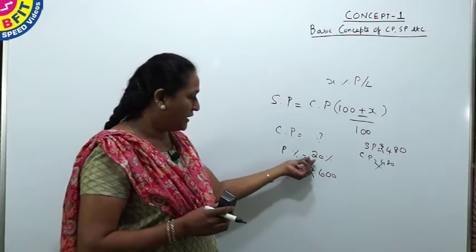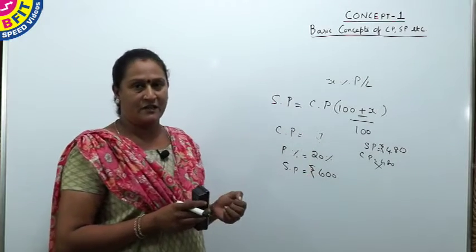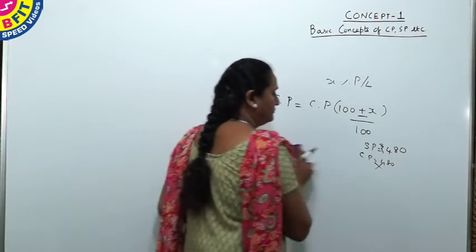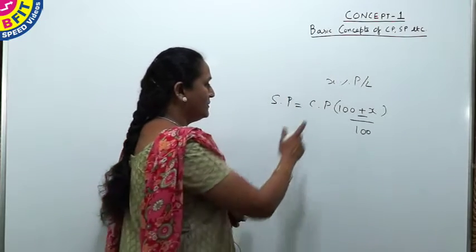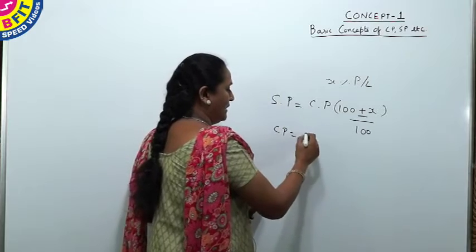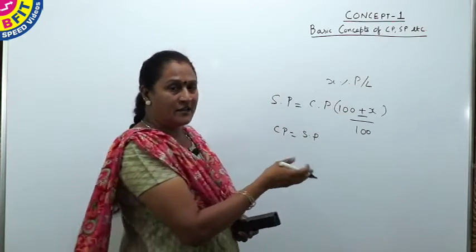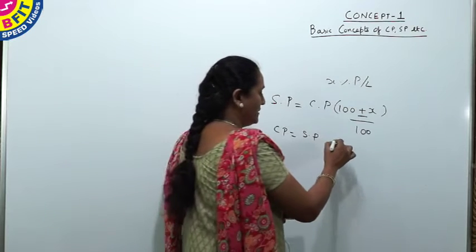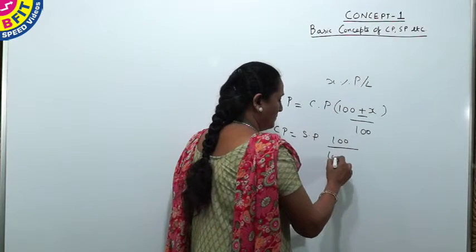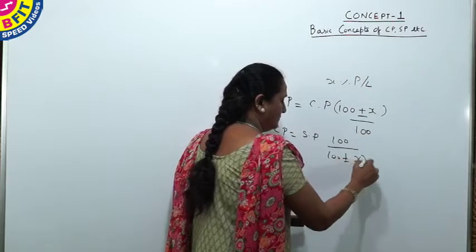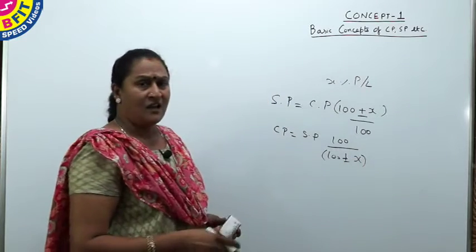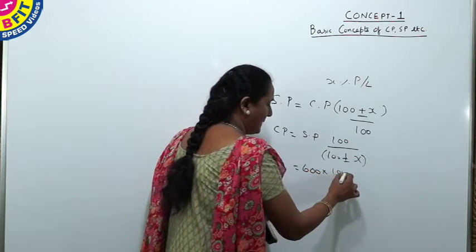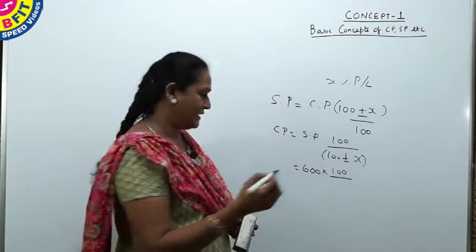After adding 20% of this base only, we have got 600. So we have to find the base like this. Cost price is got from the selling price, so this factor is reciprocated and sent to the other side. So cost price equals selling price into 100 by 100 plus or minus x. Now for our question, selling price 600, and this is 100, and profit was the same 20%.